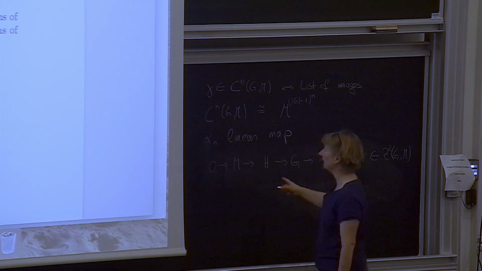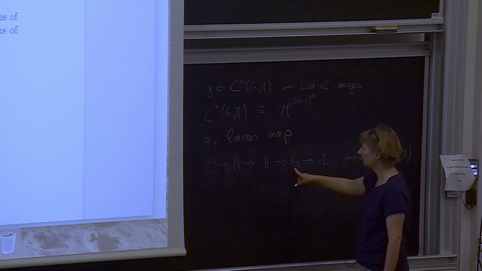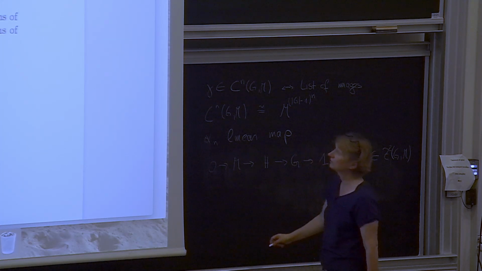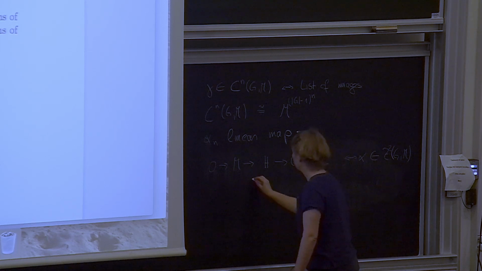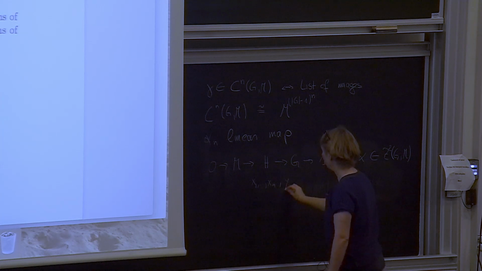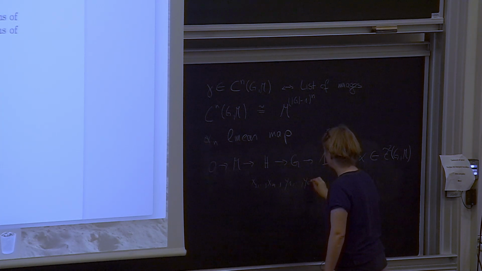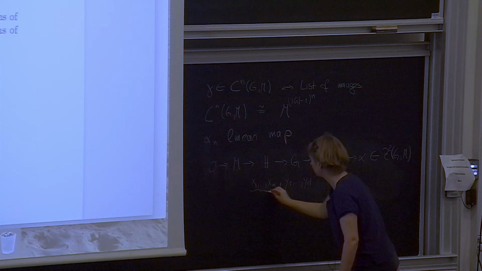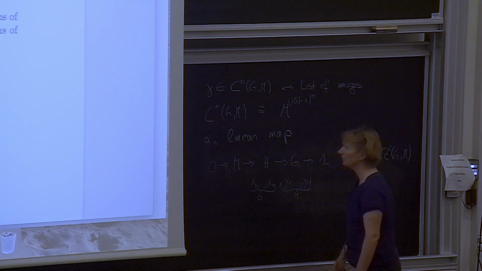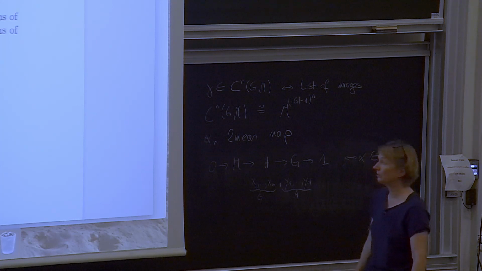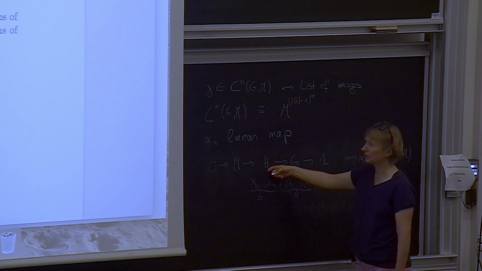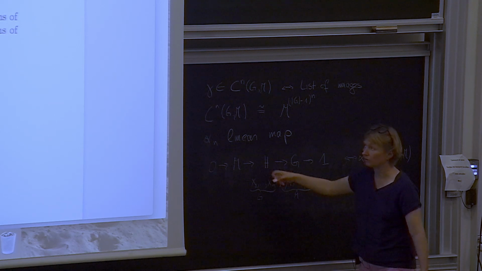Well, I take the generators of the finite presentation plus generators for M. So that would be x1 up to xm for the group G, and y1 up to yd for the module M. So this here corresponds to G. This here corresponds to the module. And now I want to think about how I can describe this H in terms of a presentation. How could this possibly work?